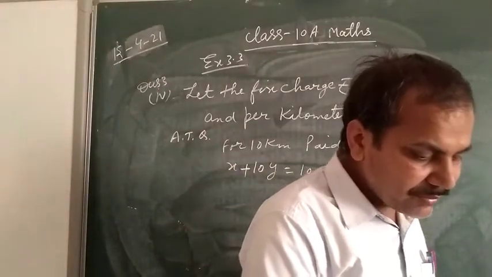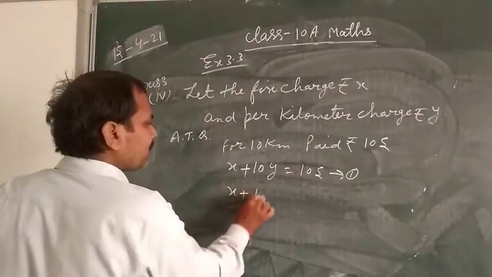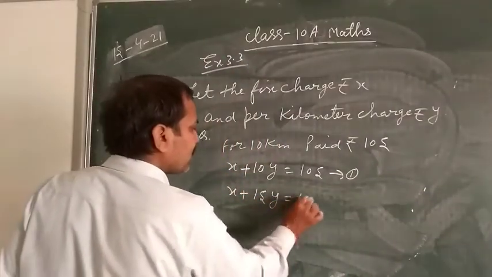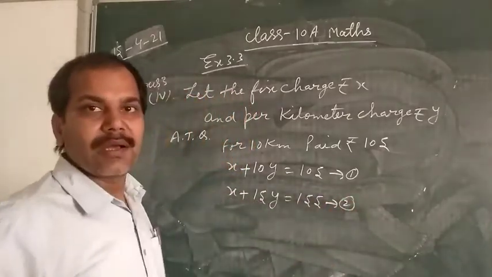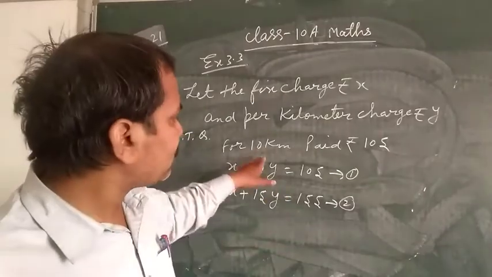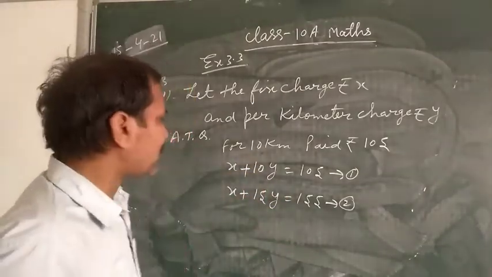For a journey of 15 kilometers, it is 15y and the total charge is 155. Clear? Then you solve equations 1 and 2. Method told.